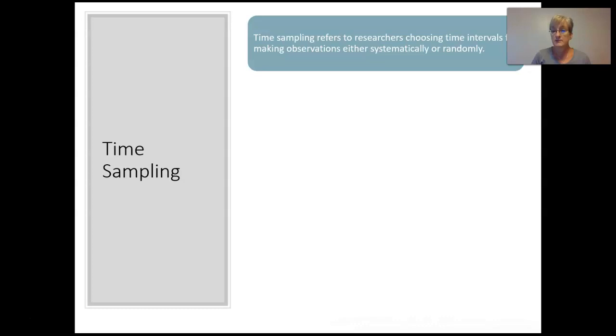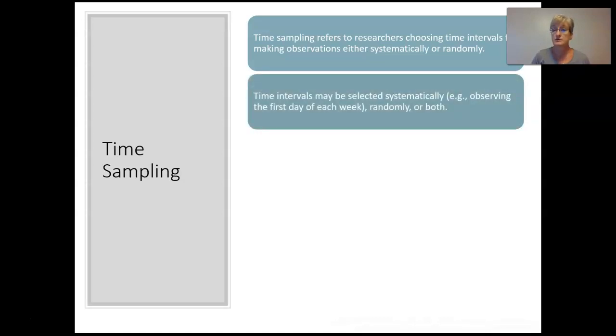Sometimes these time intervals are randomly determined, sometimes they are systematically determined to be all equivalent. But the idea is that you want to be able to capture behavior across a range of times.